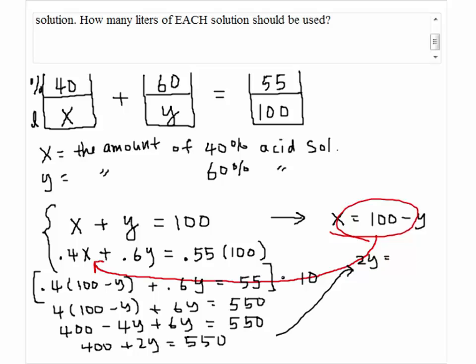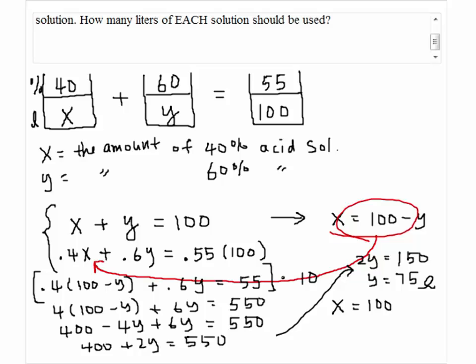So we have 2y equals 550 minus 400, which is 150. Y equals 150 divided by 2, which is 75 liters. To find x, we can simply go back to the original equation.